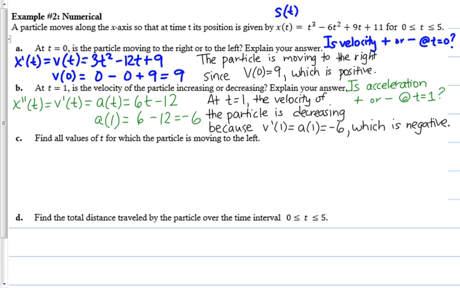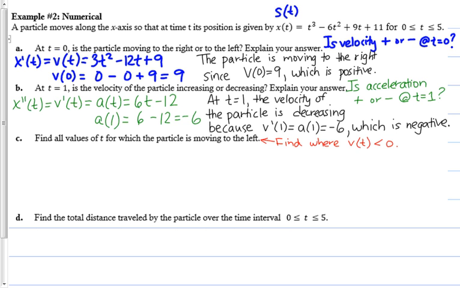All right, C. Okay, C says find all values of t for which the particle is moving to the left. So basically what we're doing is we're going to figure out where v of t is less than 0. Okay, so a way to figure out where v of t is less than 0, which means negative, I actually have to figure out where my velocity function might have changed signs.